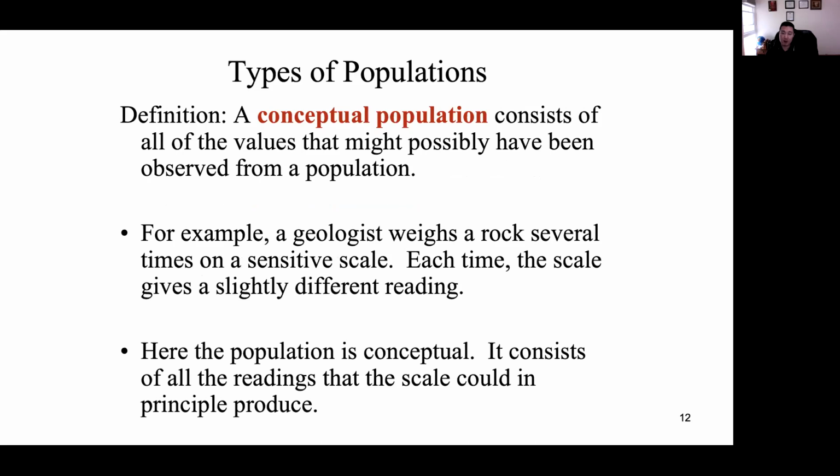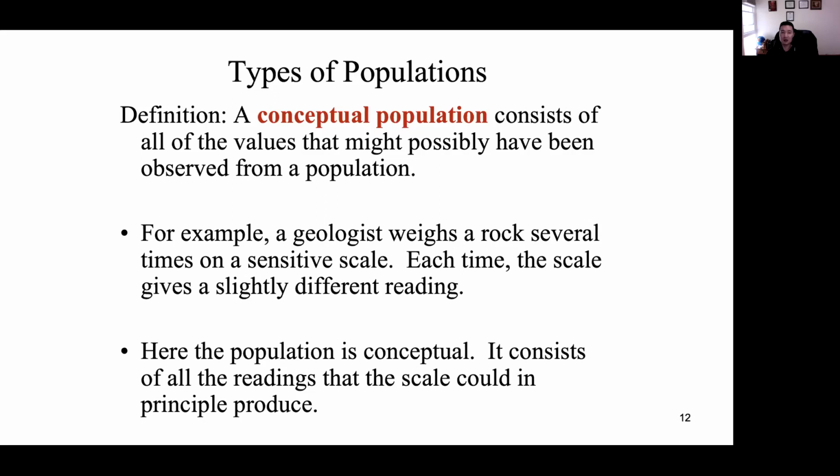A conceptual population, on the other side, consists of all the values that might possibly have been observed from a population. So here is another example. A geologist with a rock using a very sensitive scale measures several times.